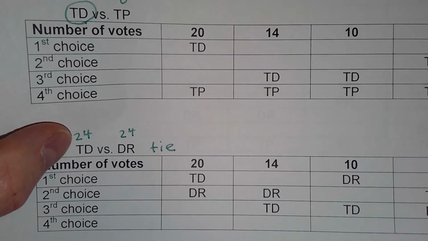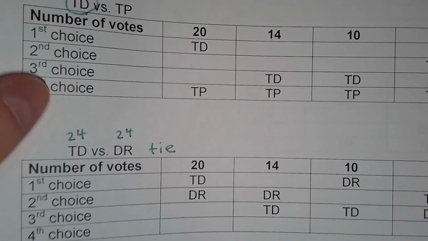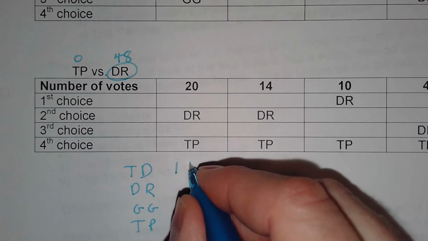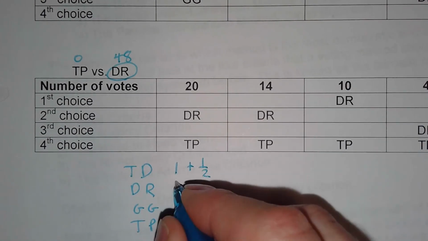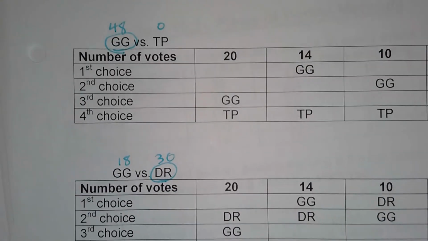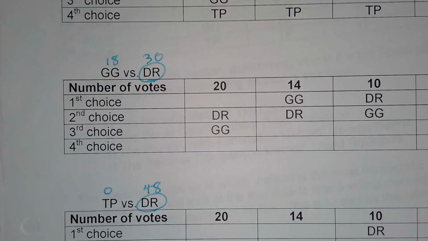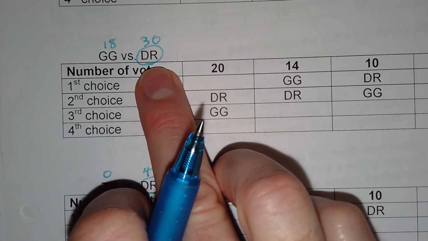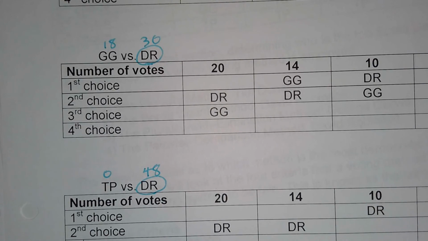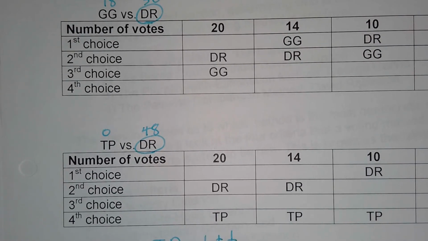Remember, with a tie, we give each person a half a point. So I'm going to give Tim Duncan a half point and David Robinson a half point. Okay, so going up here, George Gervin was the winner, so I'm going to give him a point. Here, David Robinson was the winner, so I'm going to give him a point. And this last one, David Robinson was the winner, so we're going to give him a point.